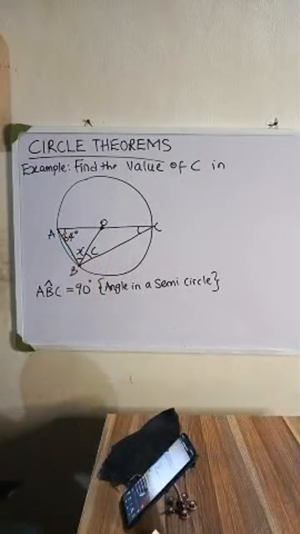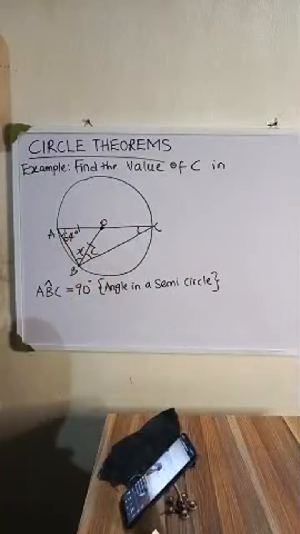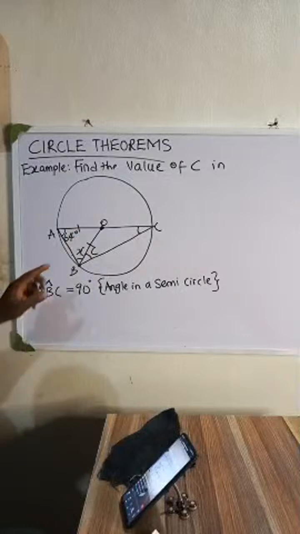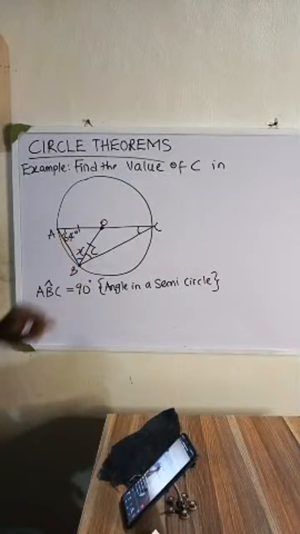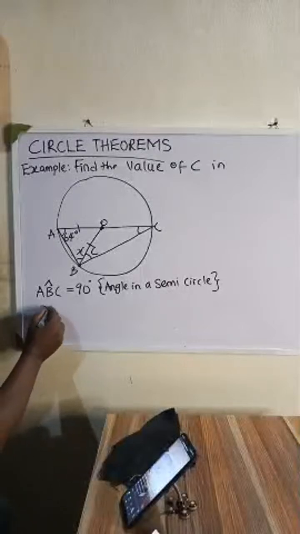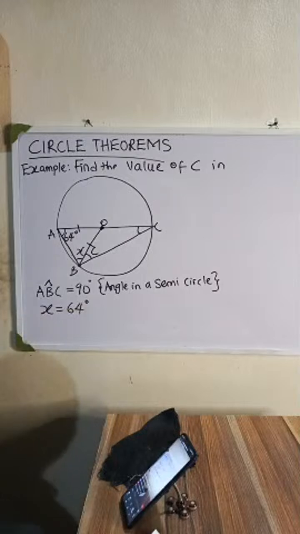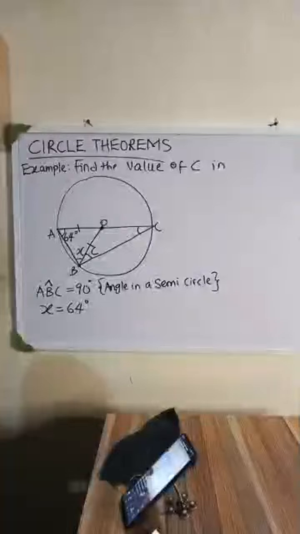Therefore, we can say that they are both equal. So since they are both equal, that means the angles facing them are also equal. So we can say that angle X is equal to 64 degrees.